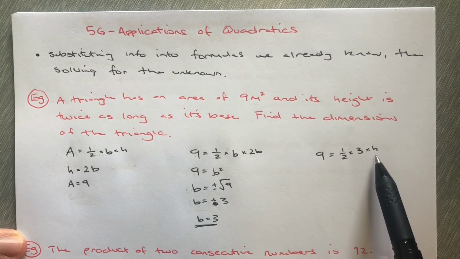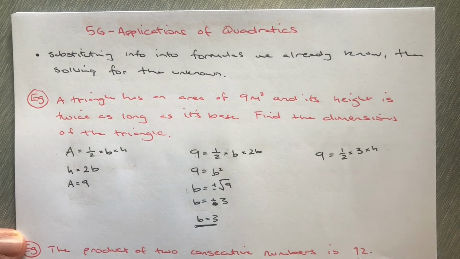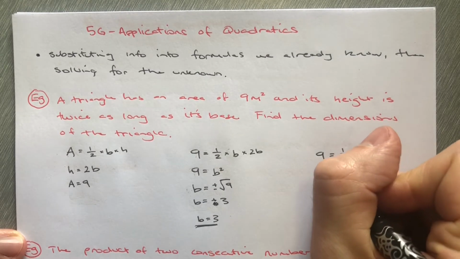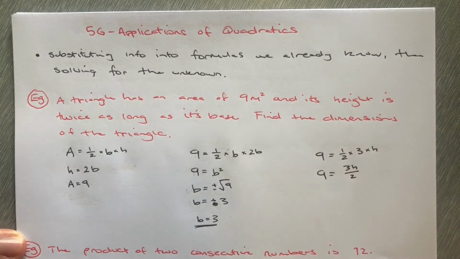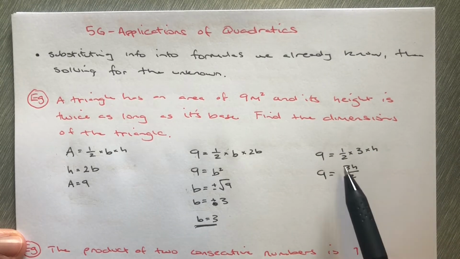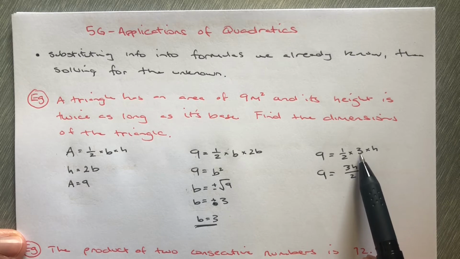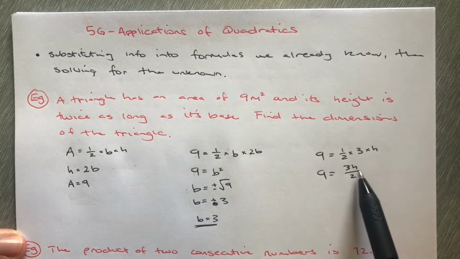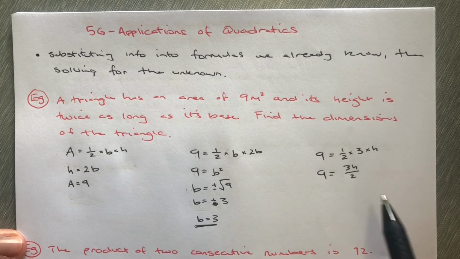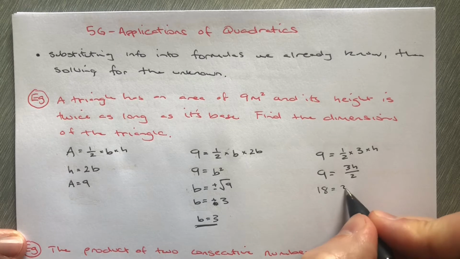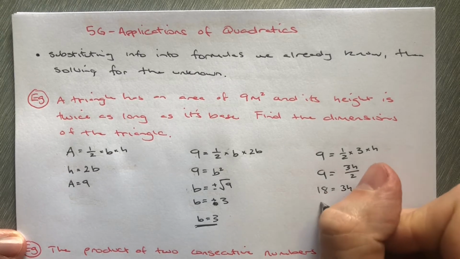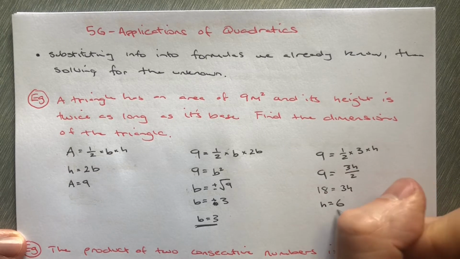So if you've only got one letter, you should be able to solve for that letter. So what we have here is 9 equals 3H on 2, because half times 3 is 3 on 2, and then 3 on 2 times H is 3H on 2. We just need to solve for this H. So let's get rid of this 2 and this 3. So we should have 18 equals 3H, which means that H equals 6.